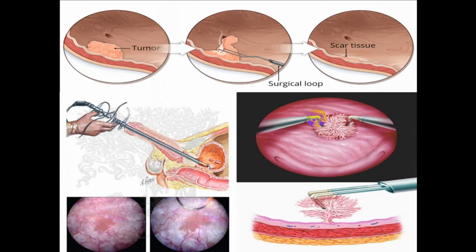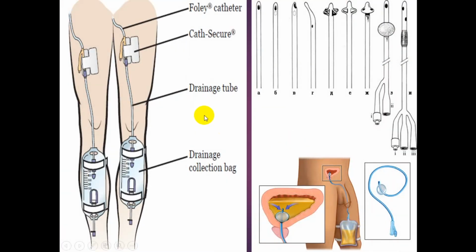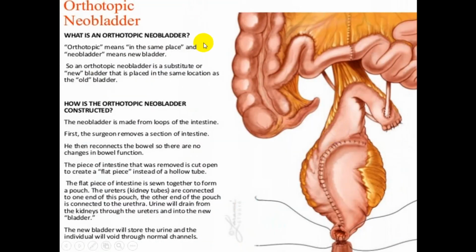Here you can see removal of this tumor by surgical loop, and here is a scar tissue. Here you can see a next stage after operation if the person lives without a bladder. It's drainage tubes and collection bags, and here you can see a catheter. And here you can see some brief information about orthotopic neobladders.